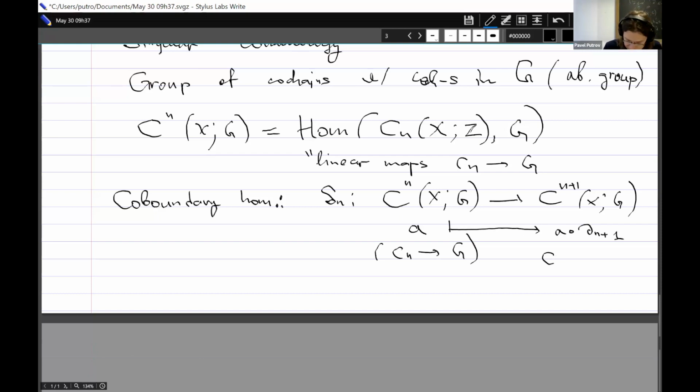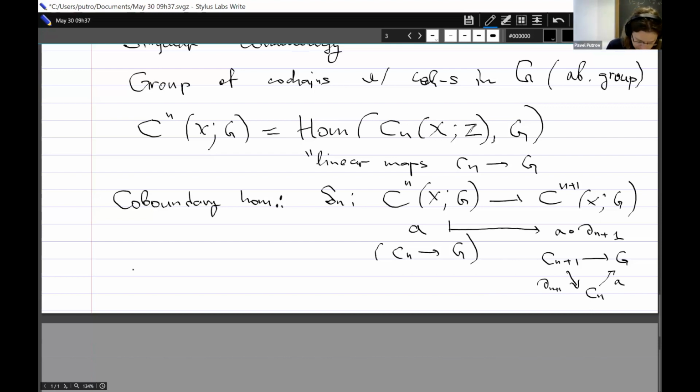And this produces a map from Cn plus 1 to G. We first use d n plus 1 to go to Cn, and then we use a, and this composition defines the coboundary of a.